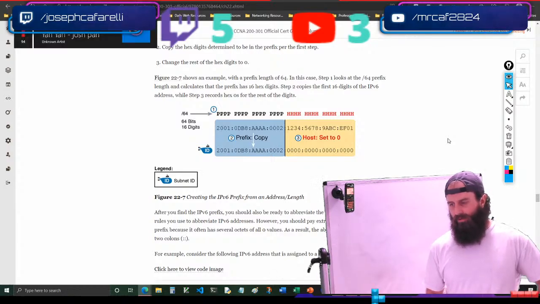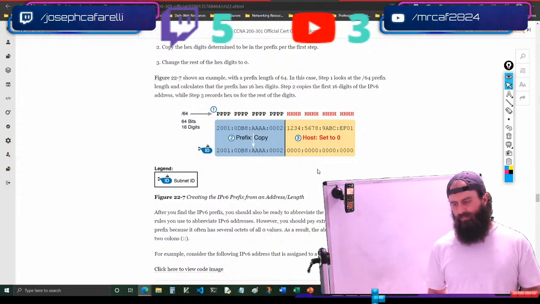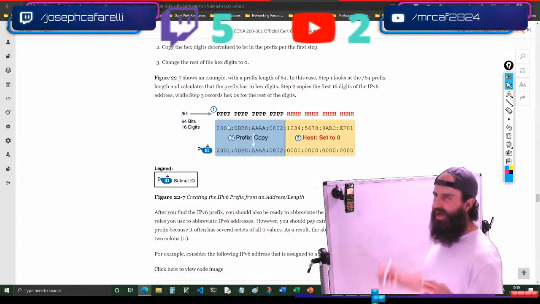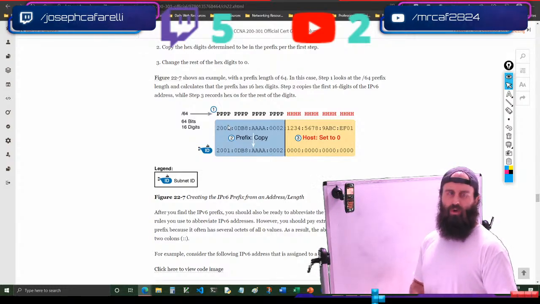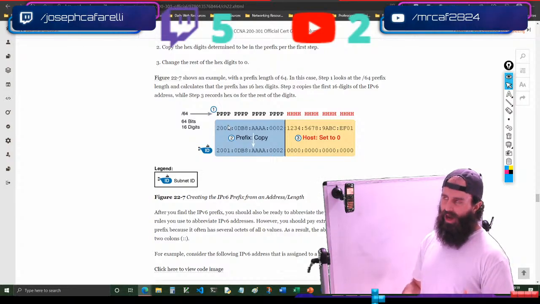So in this example, it's just going over how we need to think when we're looking at an IPv version 6 address. Each one of these, each quartet, because when we're talking IPv version 4, it's octet, and when we're talking IPv version 6, it's quartet.